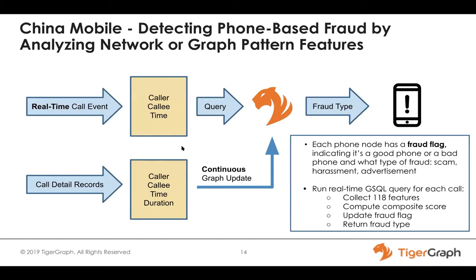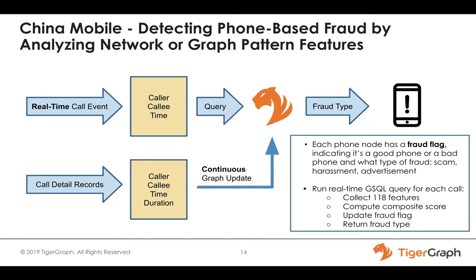Now, let's look at the workflow for this use case. When a real-time call event happens with the caller, callee, and time information, it goes into our TigerGraph database as a query, and it will output a fraud type. Each phone node has a fraud flag indicating whether it's a good phone or a bad phone, and also what type of fraud.